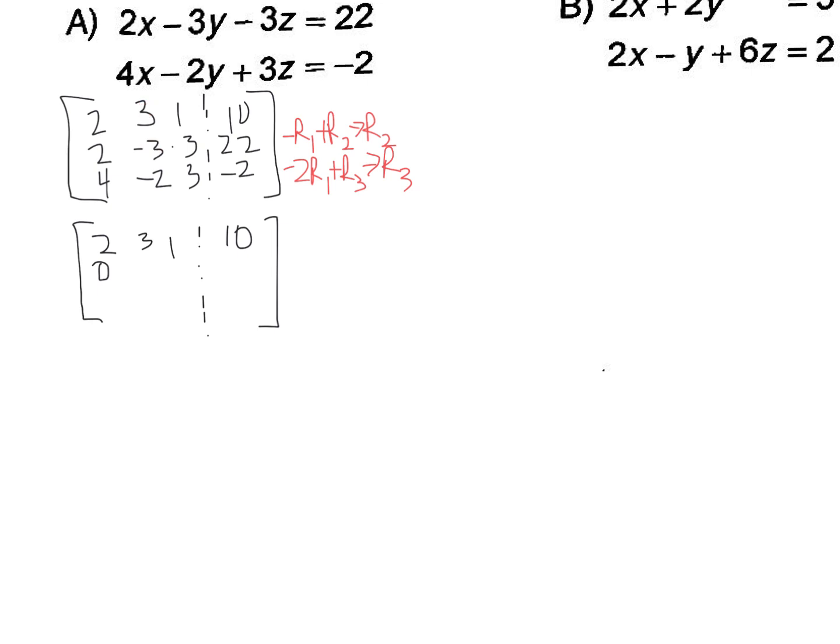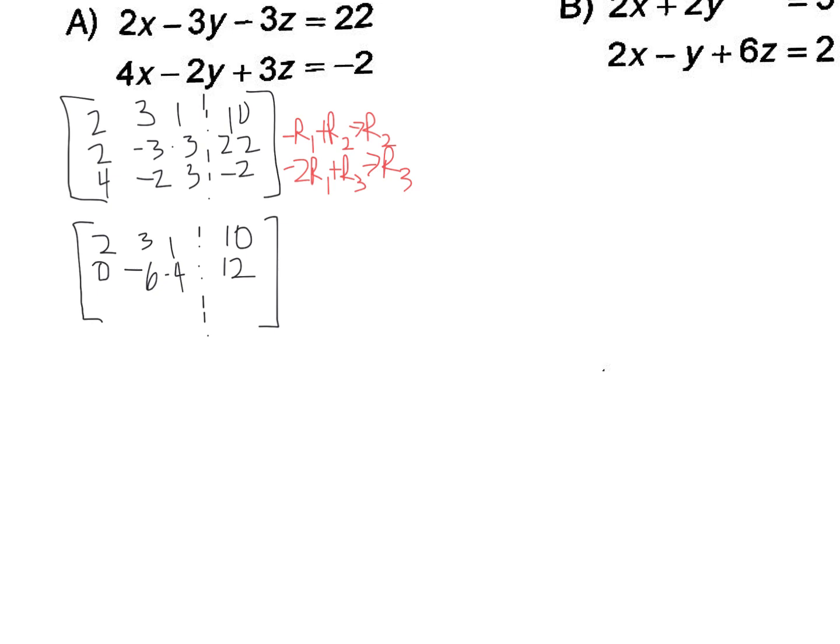Negative 3 plus negative 3 gives us negative 6. Negative 1 plus 3 gives us negative 4, and then negative 10 plus 22 gives us positive 12.